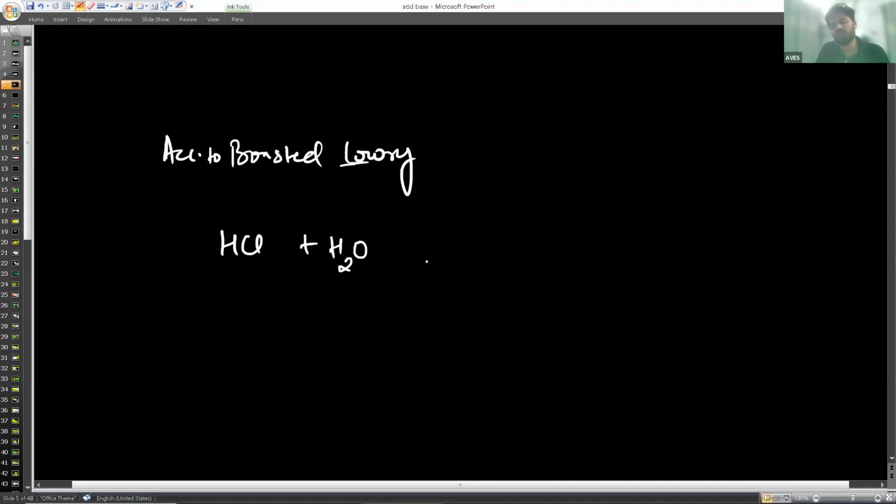Now moving to the next part. According to the Bronsted-Lowry concept, for example, if you have HCl and you add it to water, you know that the water structure is like this.